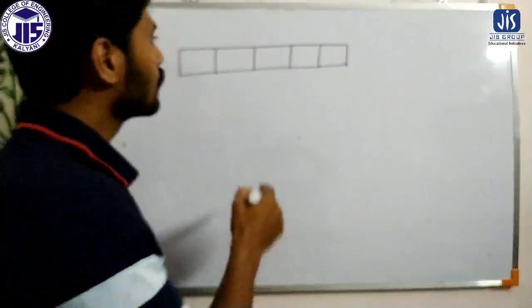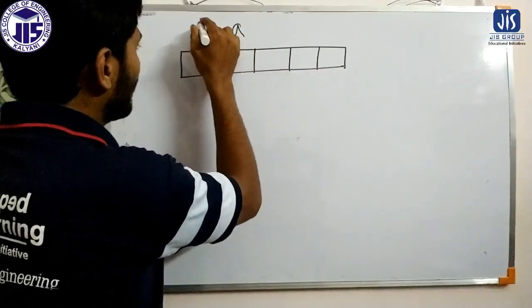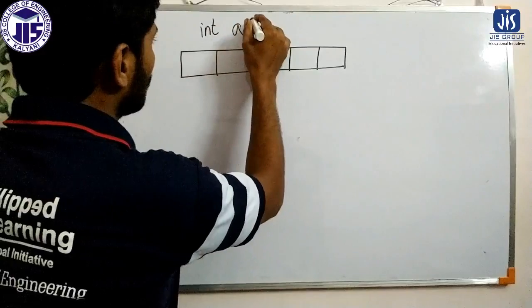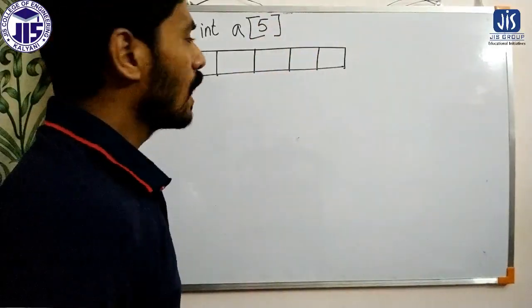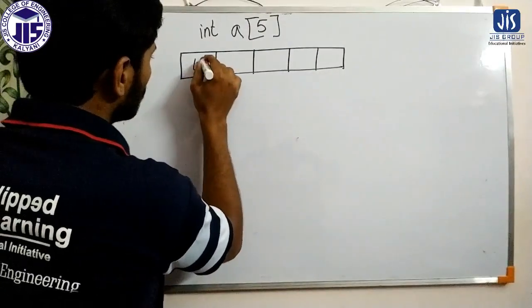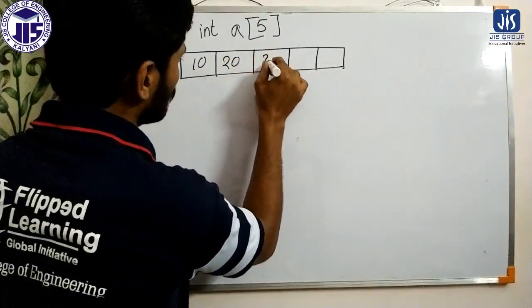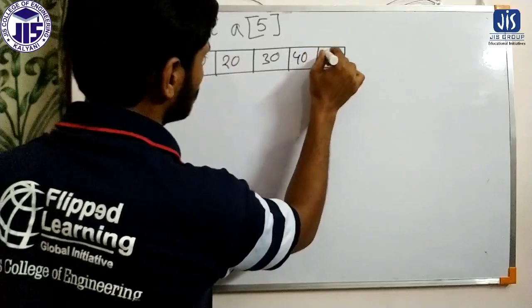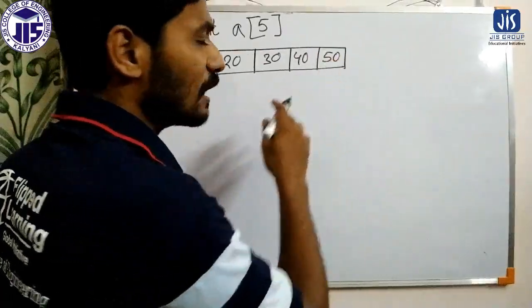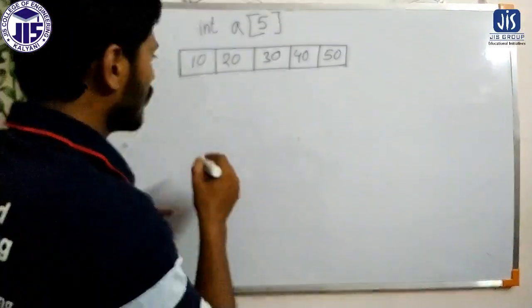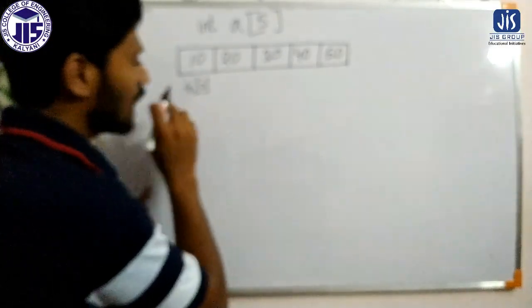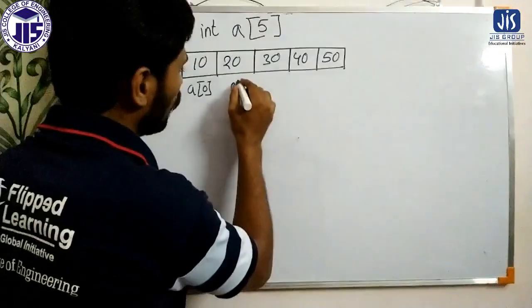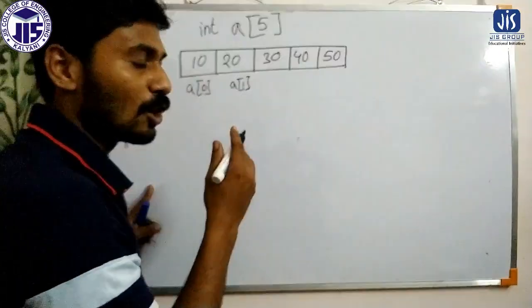this is an array A, and the array is an integer type array, and there are 5 elements in the array. These are the different elements that we have in our array, and this is the 0 position element, so we write it as A0, that we have already discussed in the lecture on array.